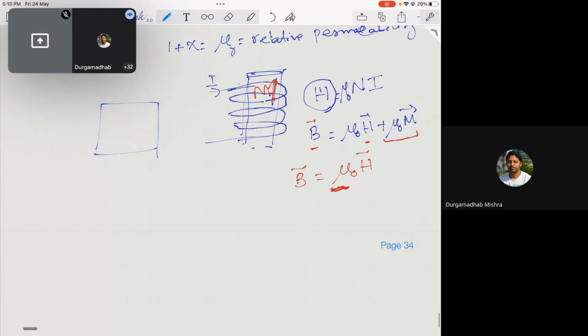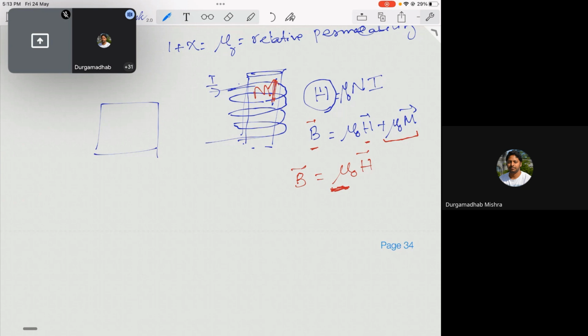So the unit is ampere per meter, but it depends on whether you are using CGS units or SI units. In SI units, it is simply ampere per meter.